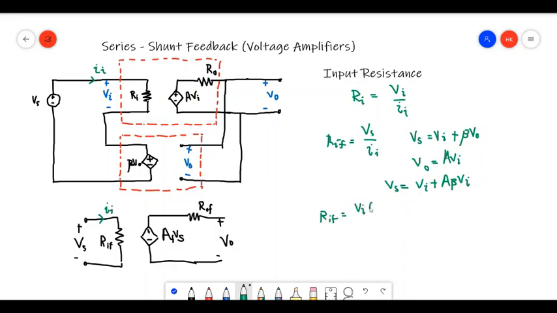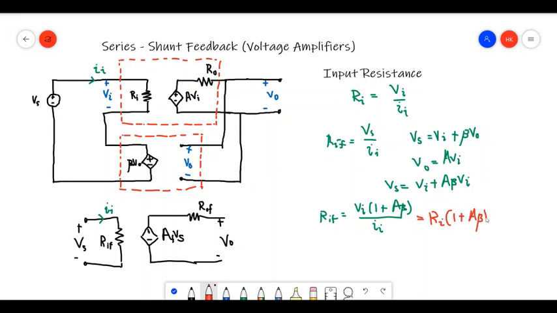This is Vi times 1 plus A beta divided by Ii. So Vi over Ii is Ri. Using this, I can write that the input resistance of the closed loop system is Ri times 1 plus A beta.